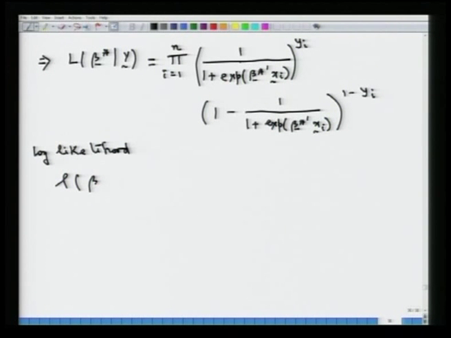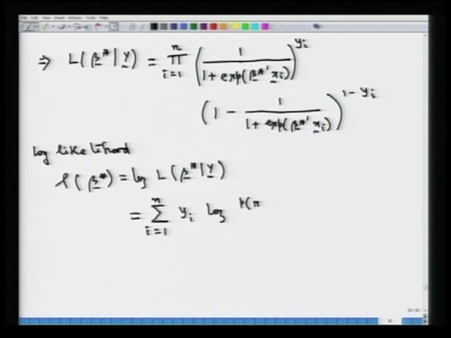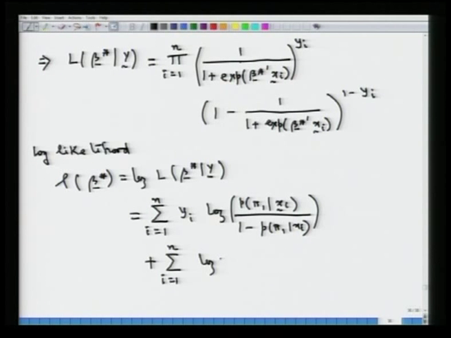Let us denote that by small l(β*) vector, which is log of this L(β*) given y expression, and that can be written in terms of a compact summation: summation i equal to 1 to n of y_i times log of p(π=1 | x_i), combining the second term also, plus summation i equal to 1 up to n of log of 1 minus p(π=1 | x_i). So, this is the log likelihood.